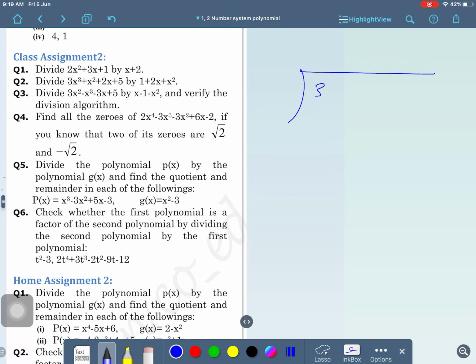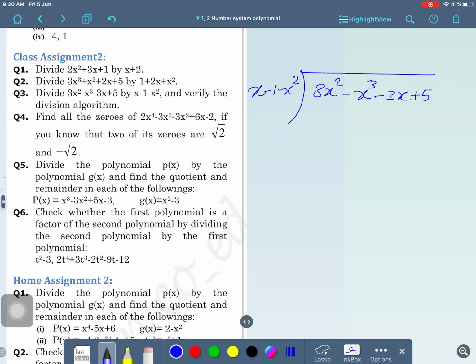The 3x square minus x cube minus 3x plus 5, divided by x minus 1 minus x square. And what is the next here? Clear? Now divide it.